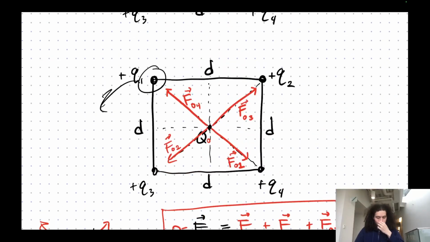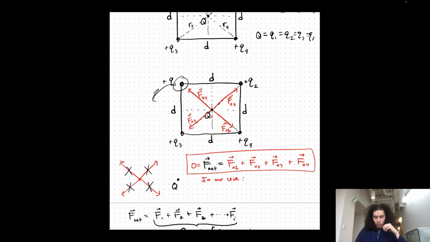If you get vectors going in different directions that cancel each other out, there's pairs of them, then you get equilibrium. The moment you don't have pairs anymore, you get a net force.